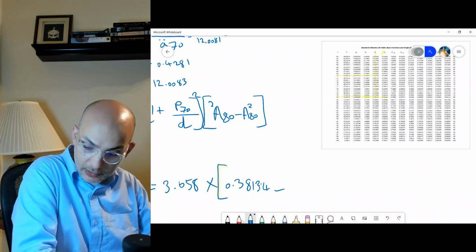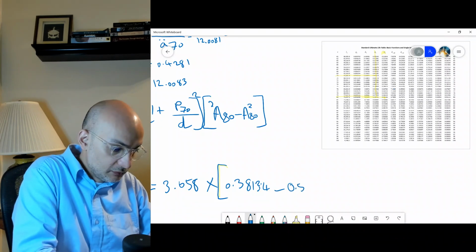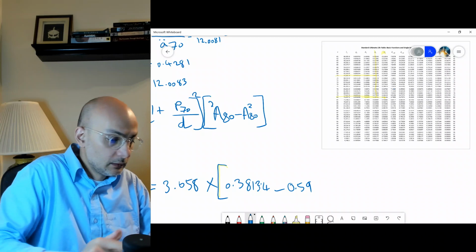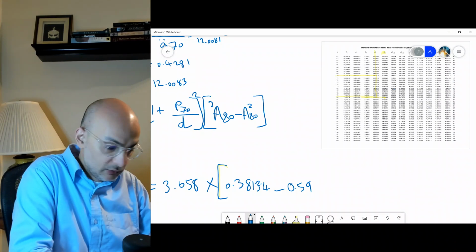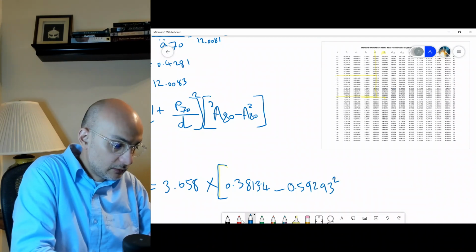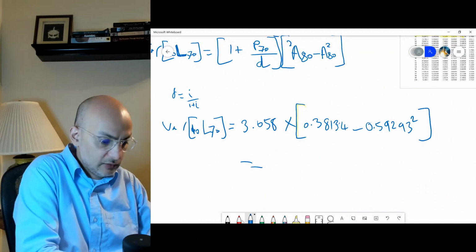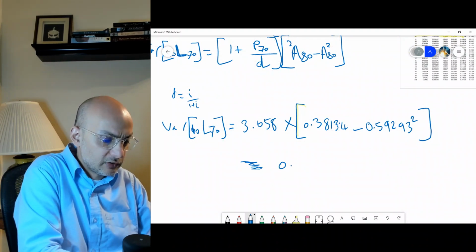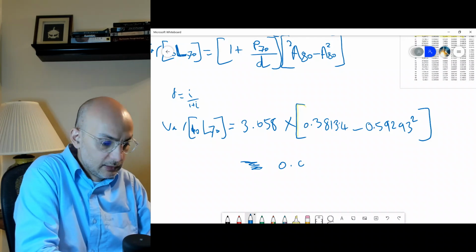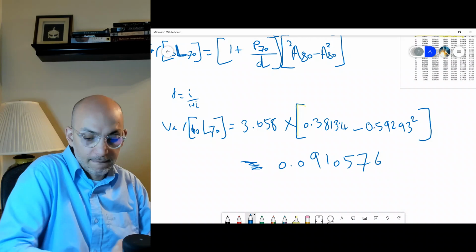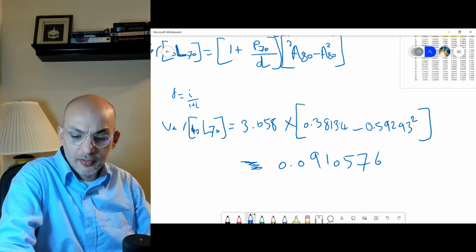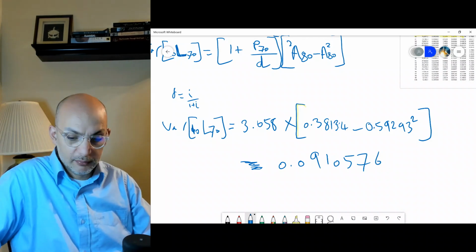You subtract from it, I already have, 0.59293 squared. This is the variance. I mean, it's just the variance, and it's not important really the number now. It's just like you can double check it, but the method is what's important. Yeah. So it's straightforward. There is nothing difficult about it.